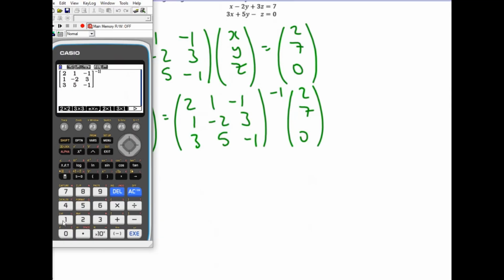This to the power minus 1 for the inverse, and then times this by 3 by 1, 2, 0, which will give me the answer.